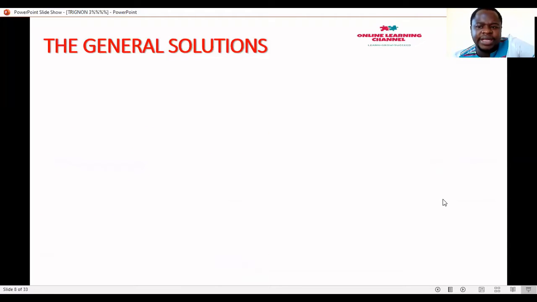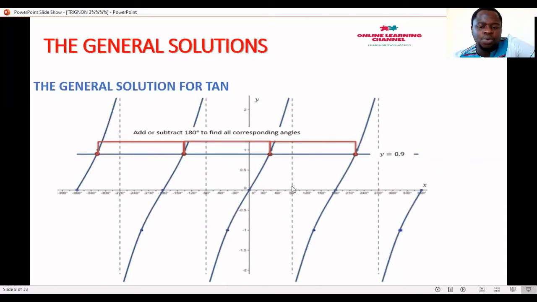So the general solution for a tangent. Note that the period of tan is different.